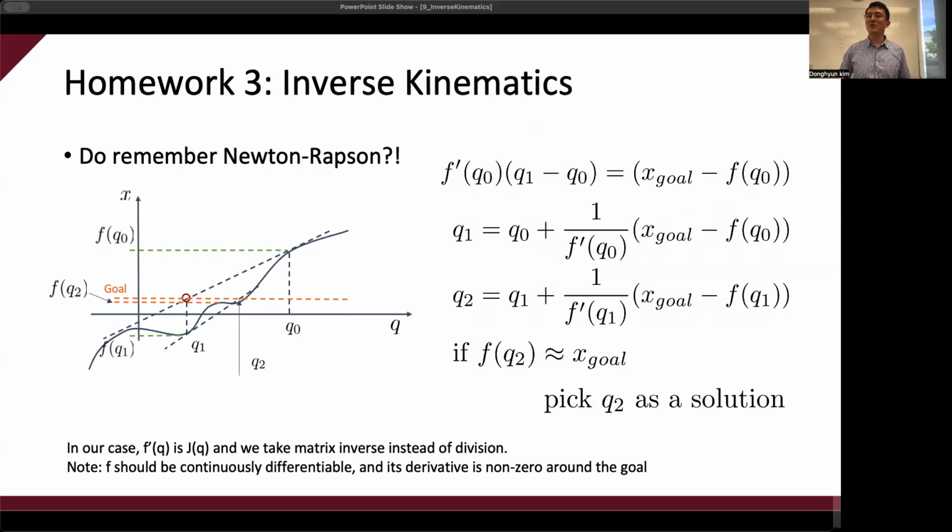It should be 3 by 6, because the pseudo inverse is going to multiply with the error, which is 6 dimensional, and update Q, which is 3 degrees of freedom. No worry, because your homework is going to have a 6 degree of freedom robot arm, so it's a square matrix. Nice 6 by 6 matrix.